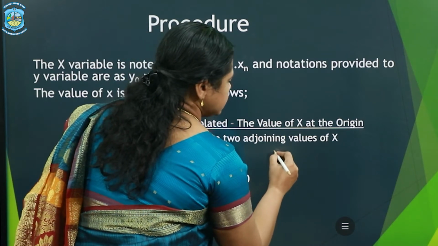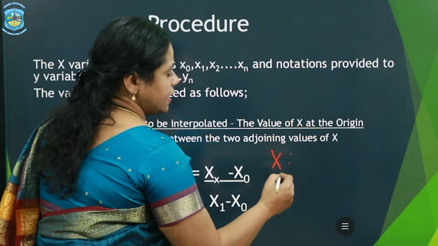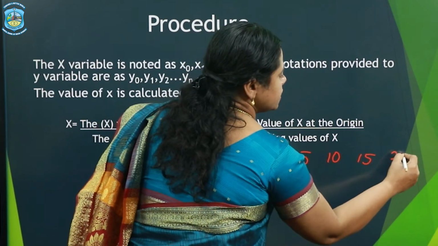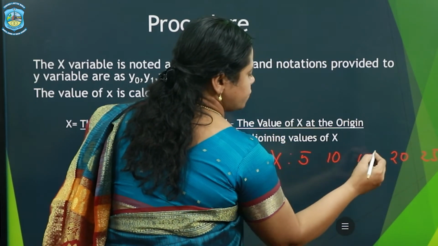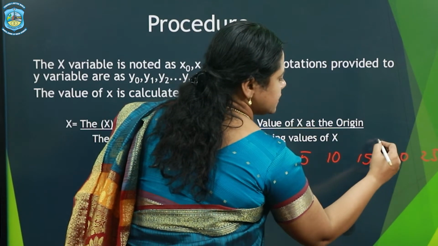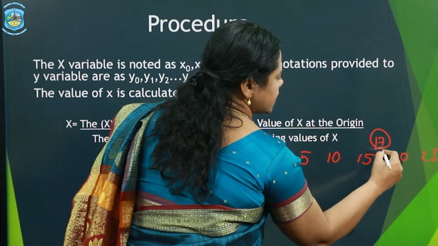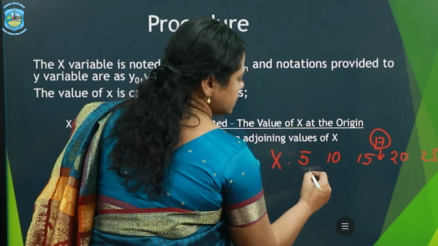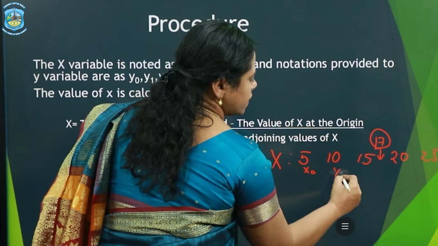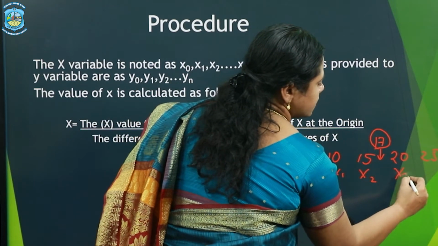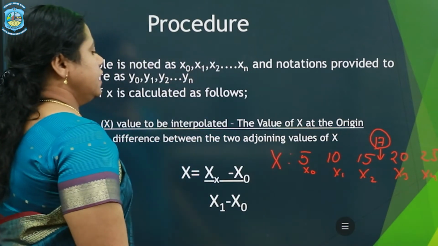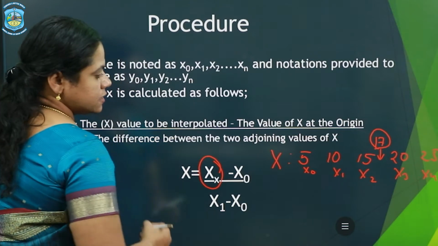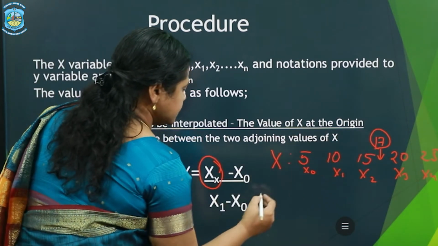Let's see this with an example. X is given as 5, 10, 15, 20, 25, and we are asked to find the value in between, that is for 17. Okay, so we are asked to interpolate for 17. Now the notation that we use for this is x0, x1, x2, x3, x4, and so on. And here, if you look at xx, what is this xx? That is the value to be interpolated. Here it is 17.